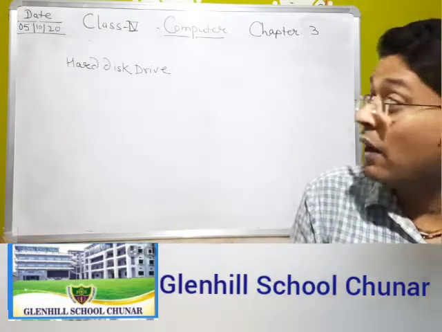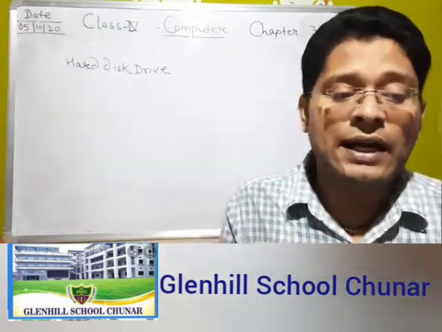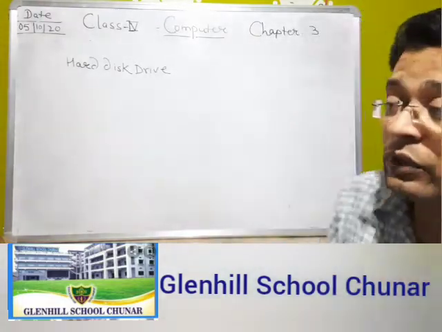So the hard disk is located inside the system unit and it can store a large amount of data. The data capacity of hard disks are 10 GB, 80 GB, 320 GB.